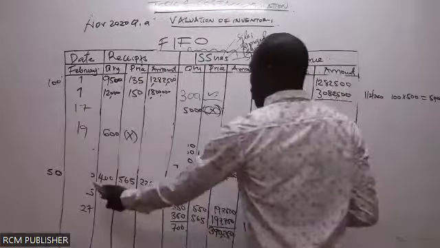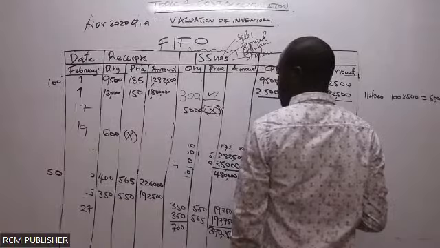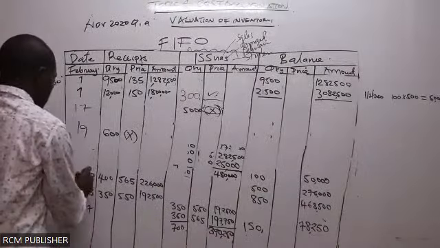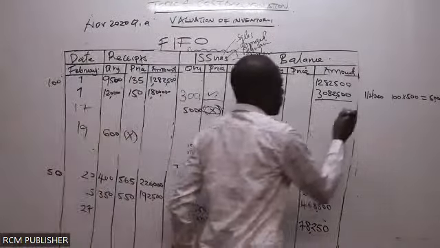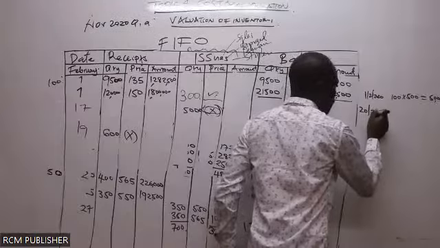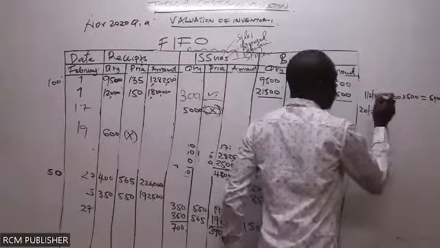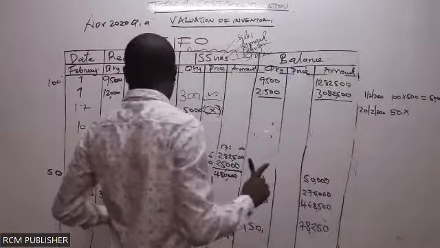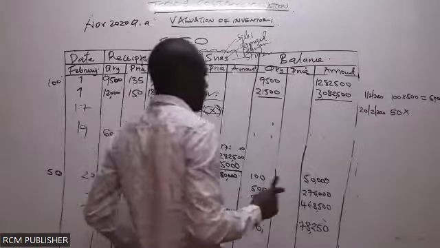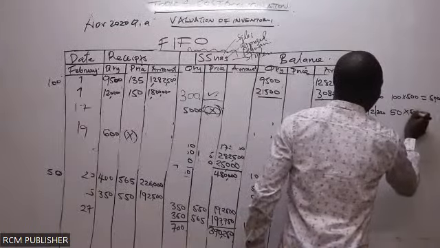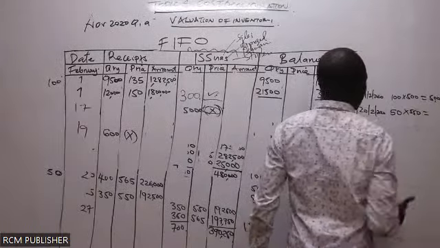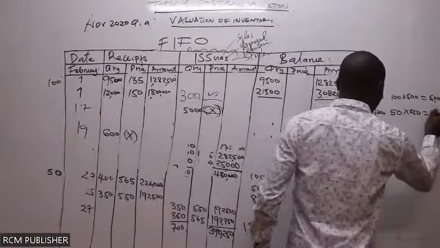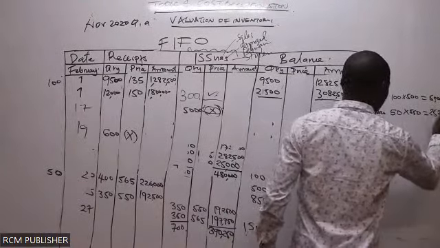Then on, is it 20th? I think this one is 20th. Yes, on 20th of February 2020, we had 50 units remaining, which were brought in at 550 to give us 25,500.